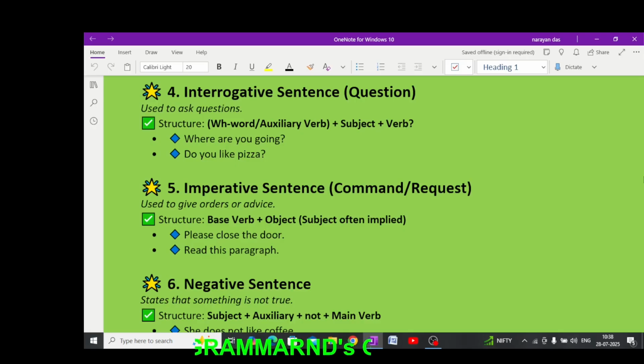Now we have imperative sentence structure. Here I have given you only command and request. Most of you all know this.